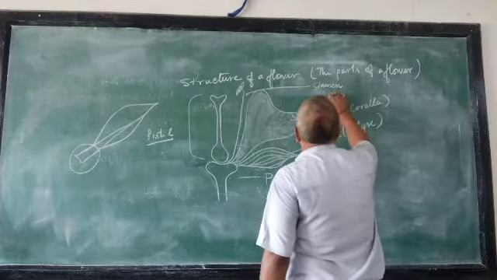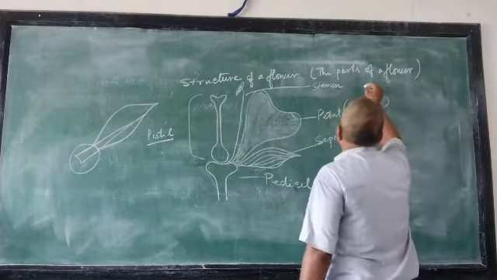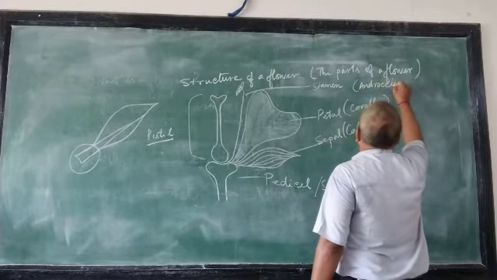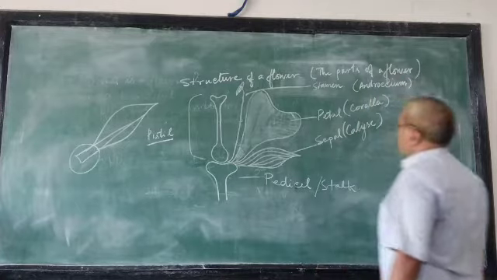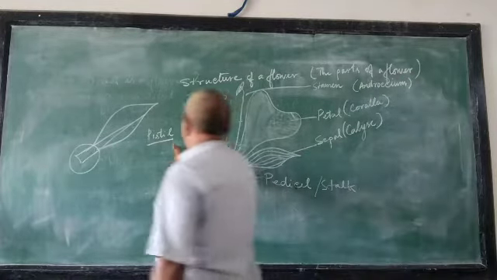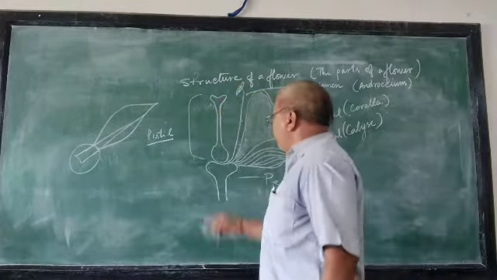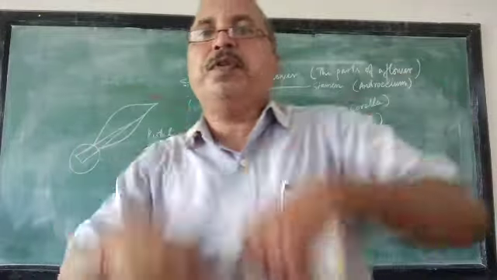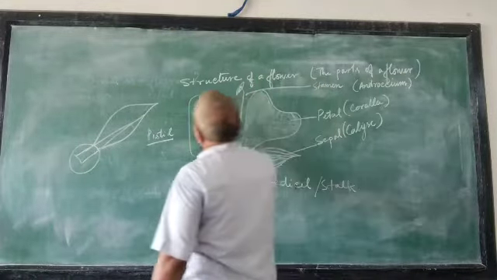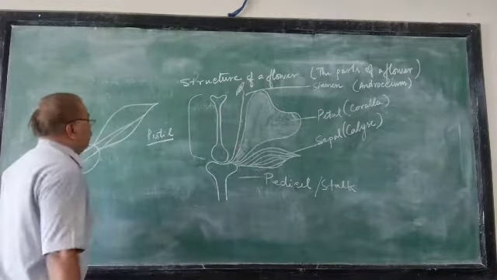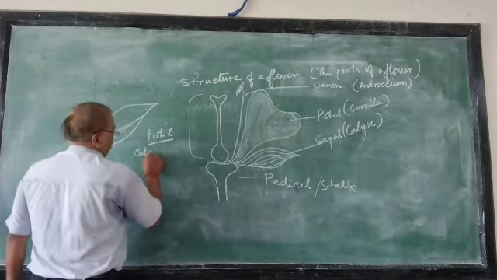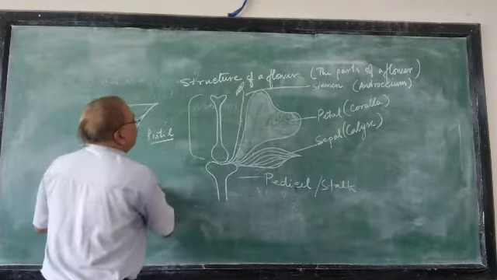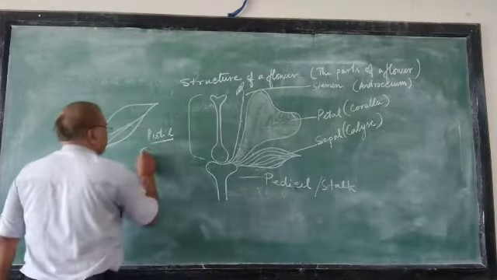This circle of stamens makes the androecium, right? And then pistil may be one or many, and they exist in the center of the flower, right? And this whorl of pistil makes, oh sorry, this means gynoecium.